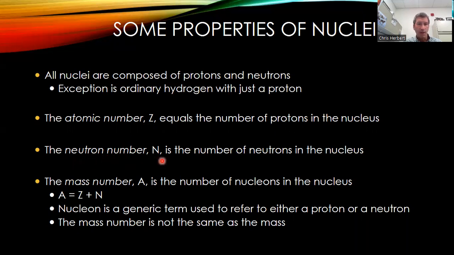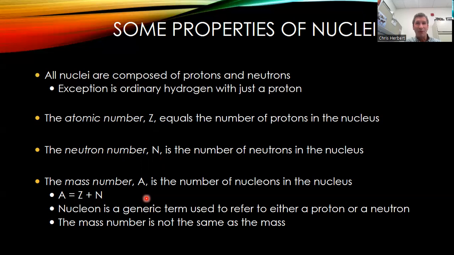The number of neutrons is a number that we don't normally refer to. N, the number of neutrons, is usually implied by taking the atomic number, Z, and adding it to the neutron number to come up with the mass number, A. Sometimes we call this the atomic mass.